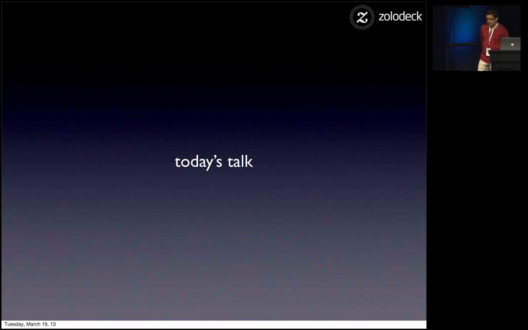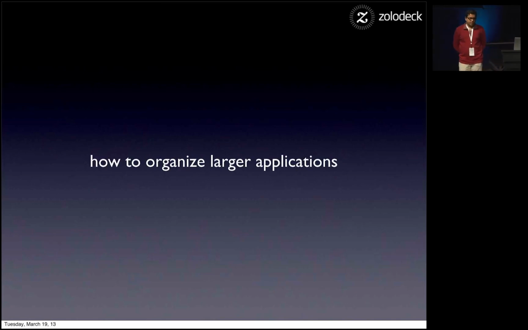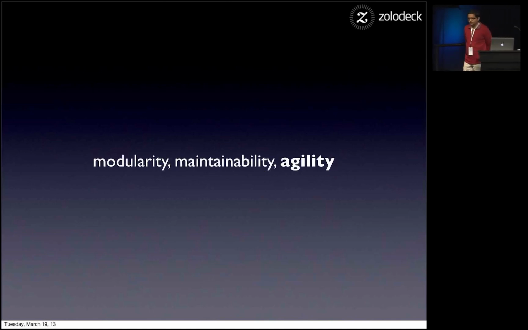But today, I'd really like to talk about how to organize larger Clojure applications and some of the lessons I've learned over the last few years. The idea, of course, is that you want your applications to be modular. You want them to be maintainable. You want to be able to scale up the team.